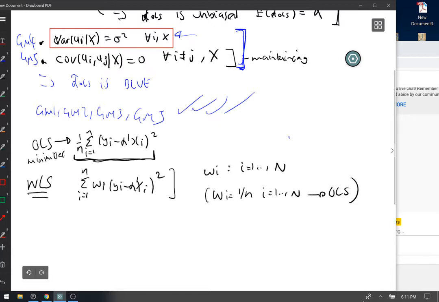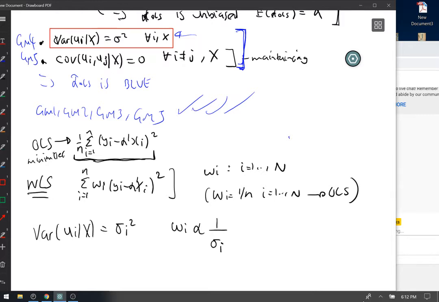It makes sense then that if there is heteroscedasticity, where the variance of u_i given x, call it sigma_i squared in general, varies, the optimal weights will be proportional to 1 divided by the standard deviation, and we actually showed this in a simple example.